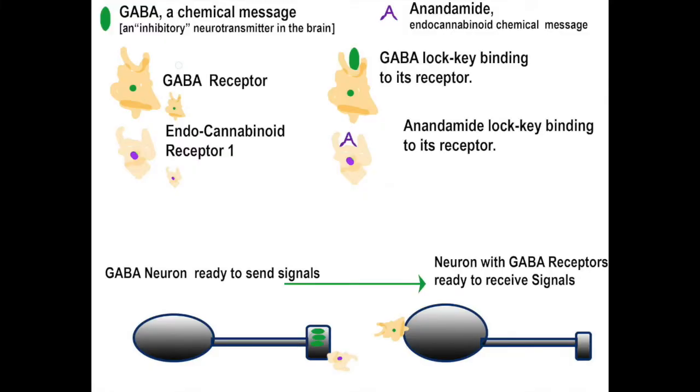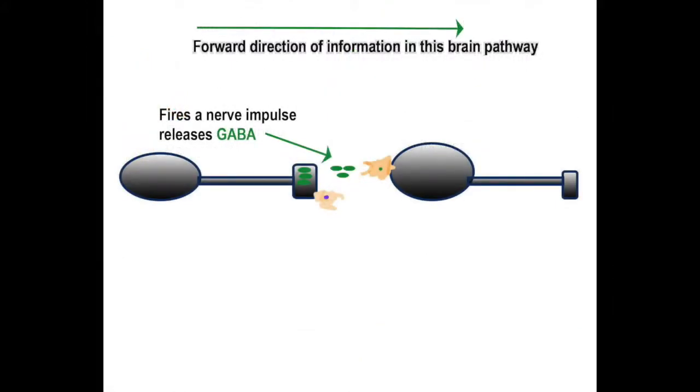So on that note, let's do it again. This is the same situation with a different chemical messenger called GABA. Notice that it's green and it's got a receptor that it can fit into, and we're still having the endocannabinoid system. Two different neurons using a different chemical message, but the same principle applies. Got to do this quick to keep it short.